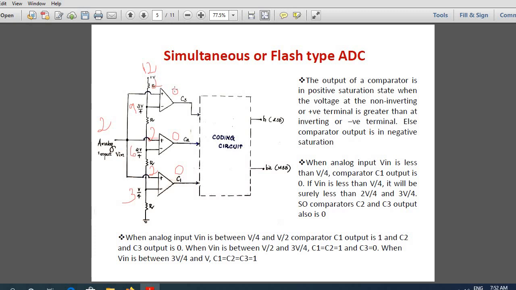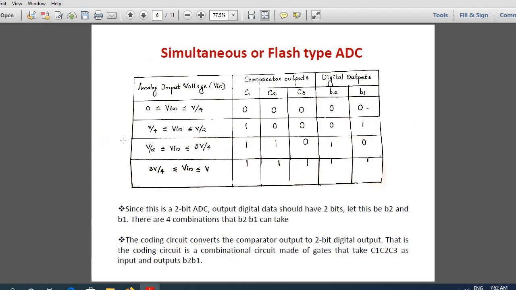So you can call the outputs logic 0. This is exactly what is written here. If the applied analog voltage is between 0 and V by 4, all the comparator outputs will become 0.